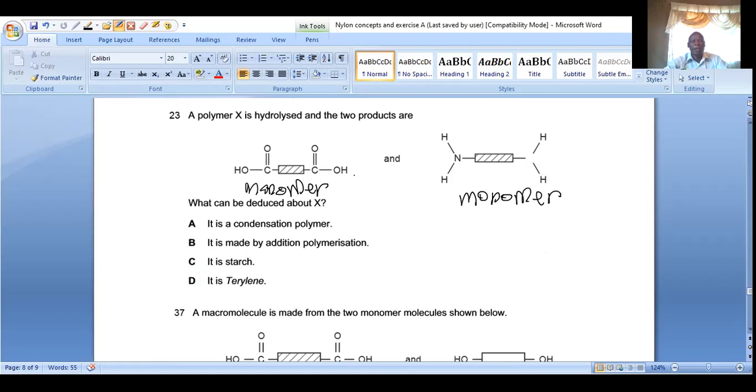Hydrolyzed means that you had a polymer and you added the small units and it goes back to form again the monomer units. So which one of these is it? Is it a condensation polymer, addition polymerization, starch, or terylene? So you answer this question.